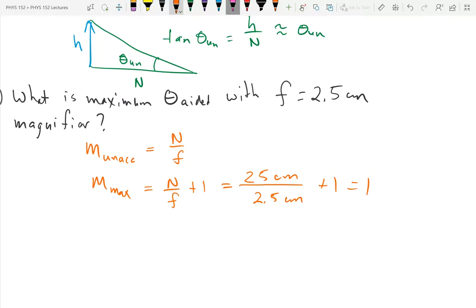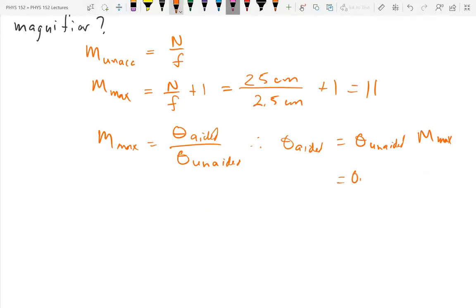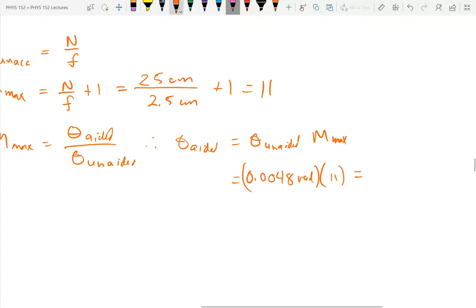So the maximum magnification will be 11. What is this magnification? That's theta aided over theta unaided. So theta aided is just equal to theta unaided times the maximum magnification. That's 0.0048 radians times 11, which is 0.0528 radians.